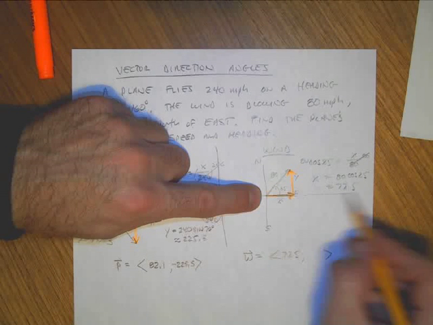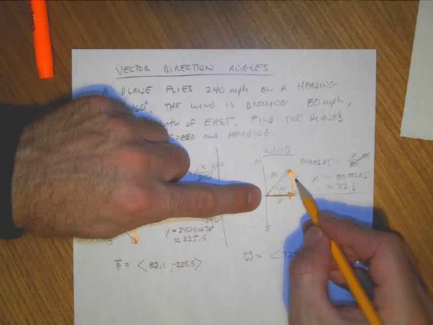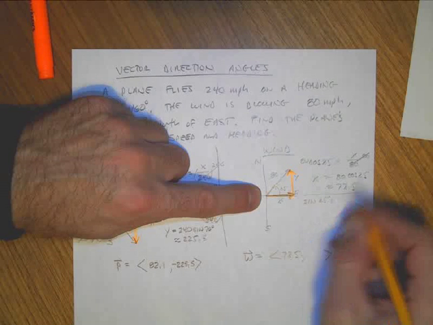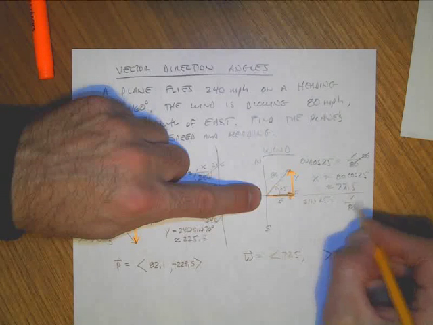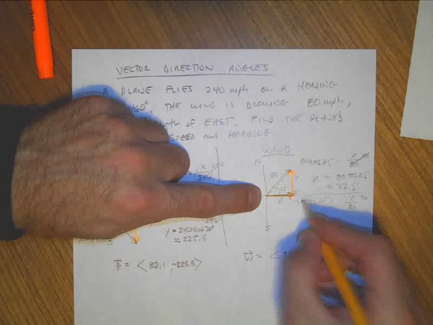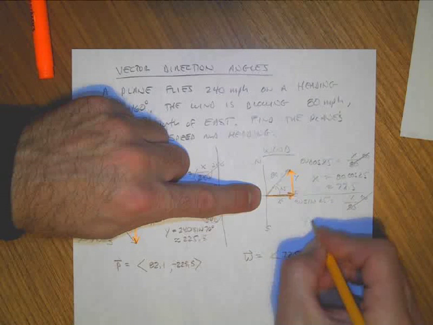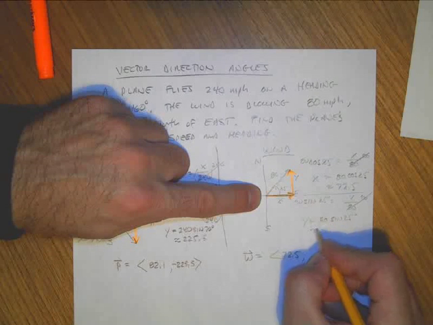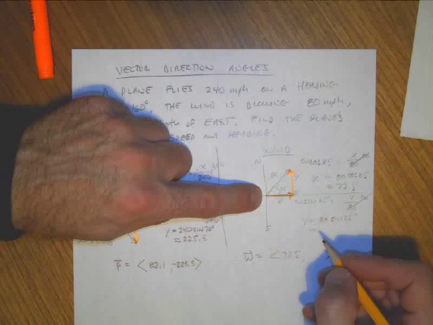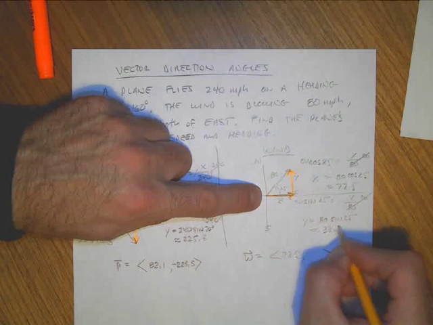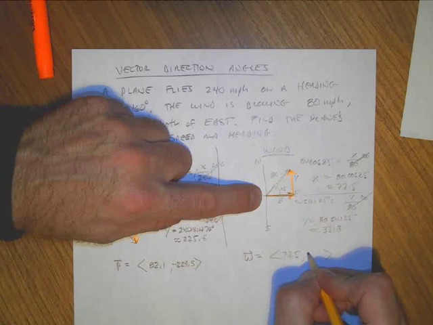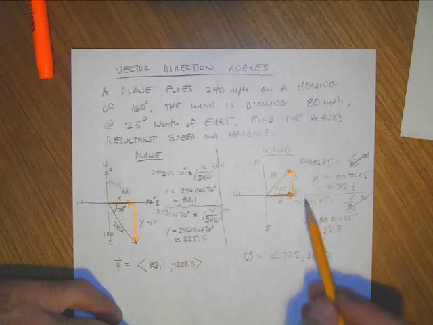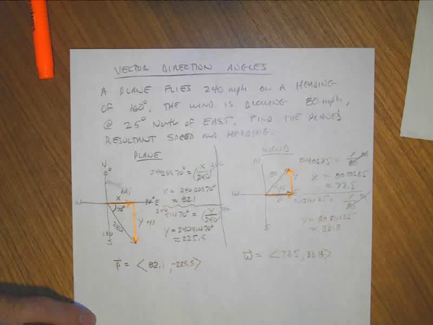Okay, now we'll do the same thing for the y component. Opposite over hypotenuse is sine of 25 degrees is y over 80. Multiply both sides by 80, and we'll get y equals 80 sine 25. And that comes out to be approximately 33.8. And so we can write that in for the y component. And let's double check the signs. Positive x, positive y. There we go.